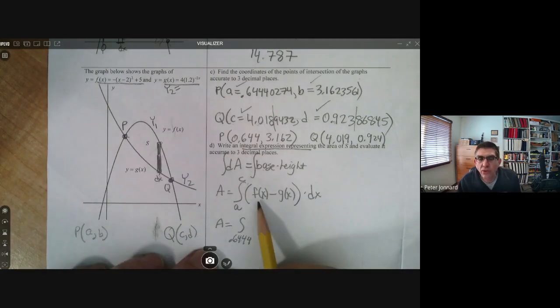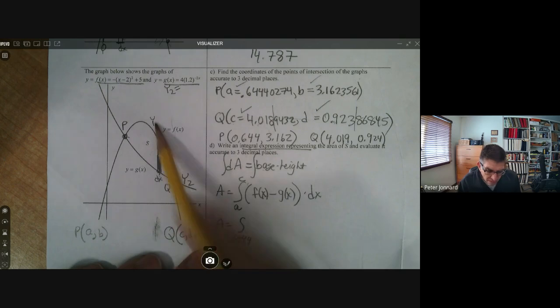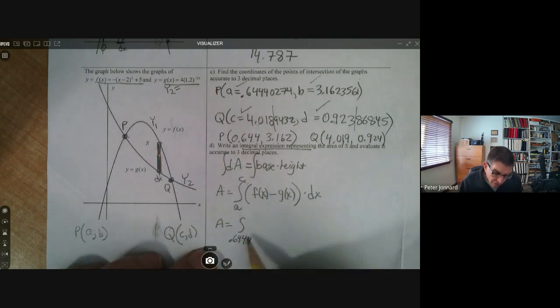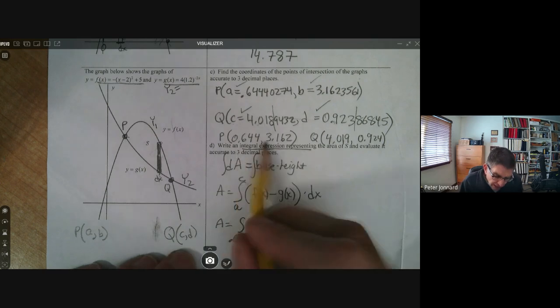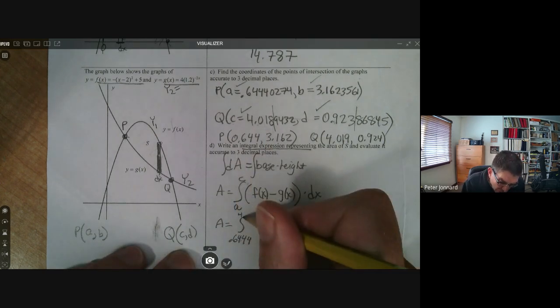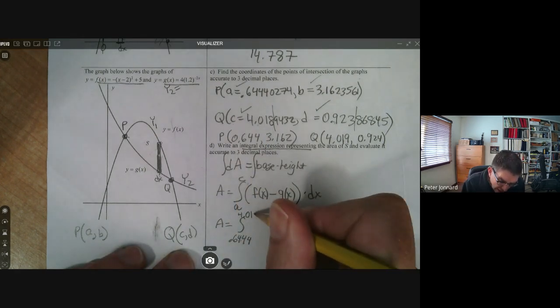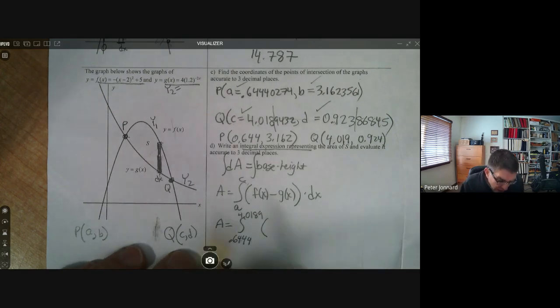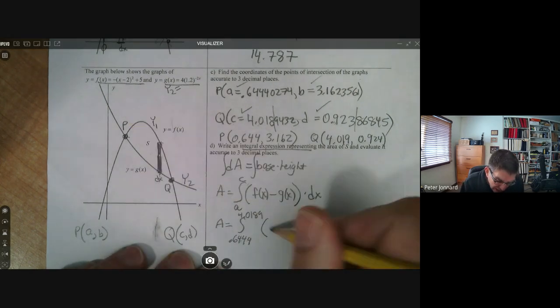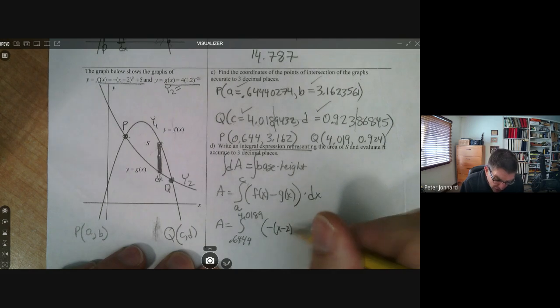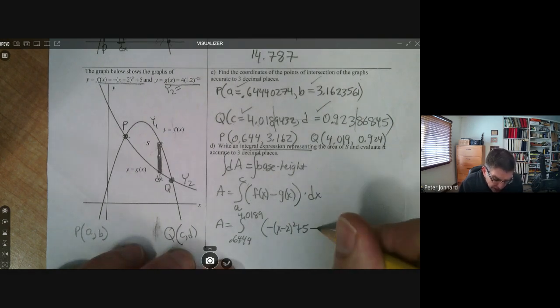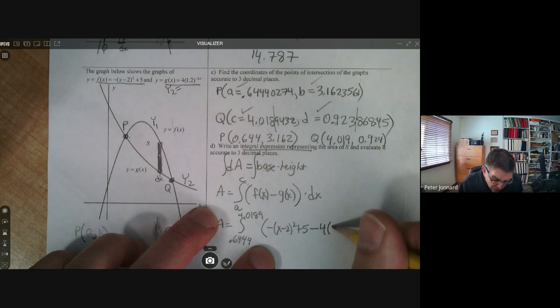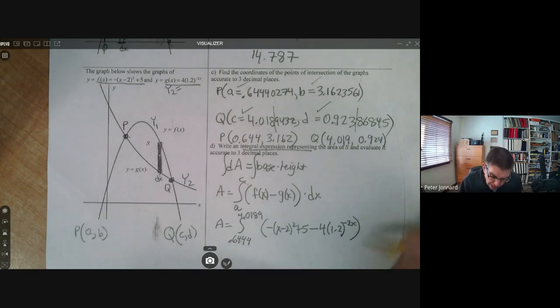your calculator, just knowing that when you do it in your calculator, you'll do y1 minus y2. But for those of you who really want to see the numbers, you want to see everything written out, I'm going to have to go from A to C. So I'm going to go to 4.0189, and I'm going to integrate f of x, which we had here, negative x minus 2 squared plus 5, minus g of x, 4 times 1.2 to the negative 2x, close parentheses, and then dx.